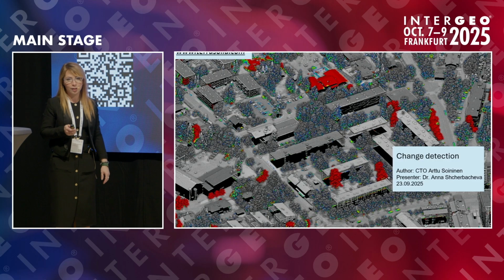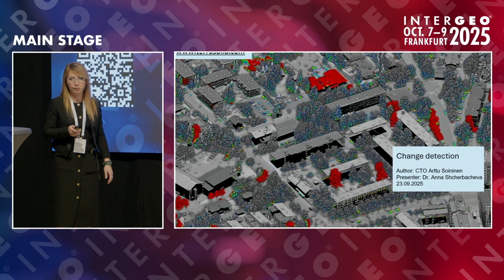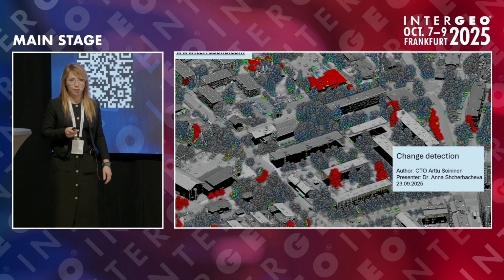Change detection is aimed at aerial LiDAR data, and it's been a great application for topographic 3D changes, where you can see different landscape modifications happening over a few years.